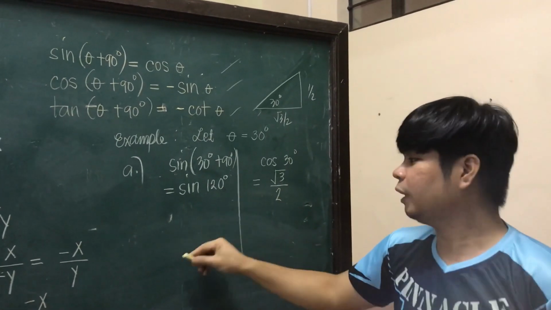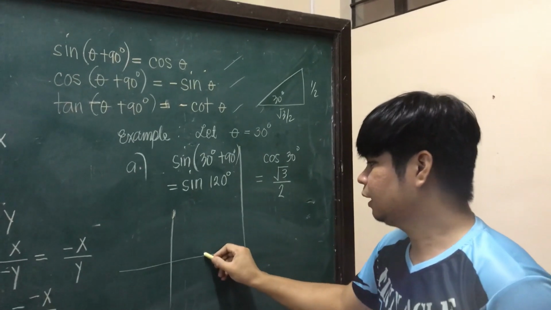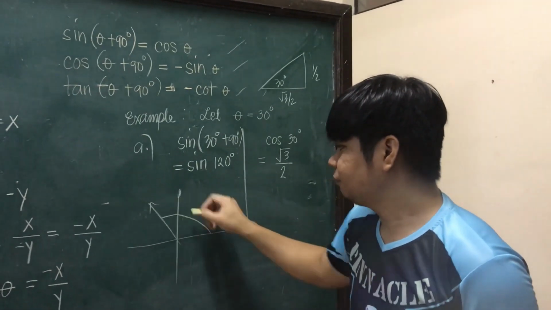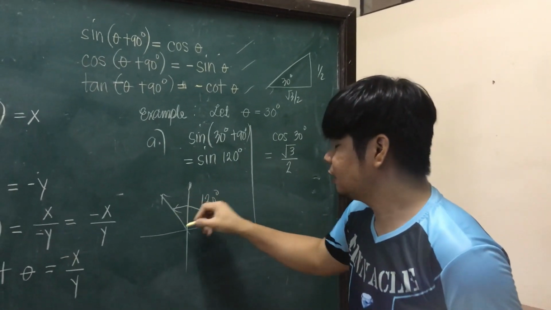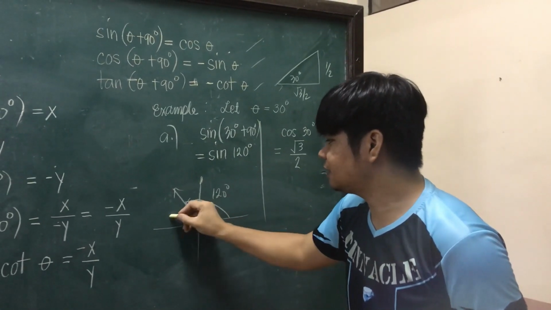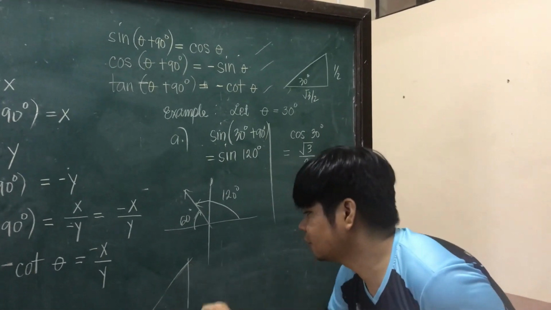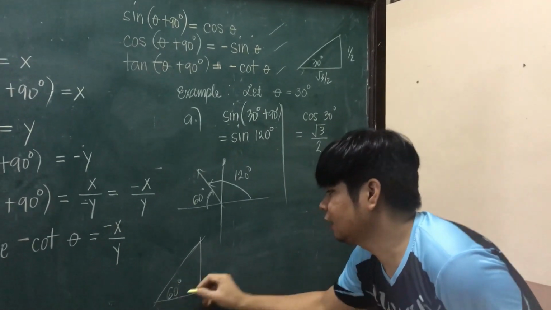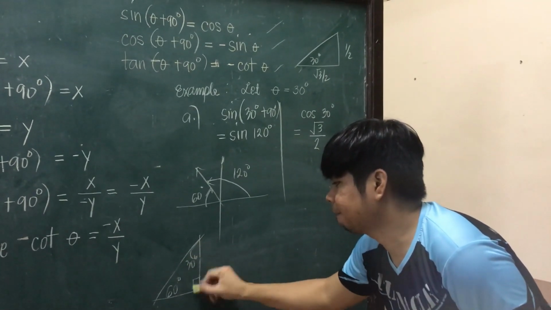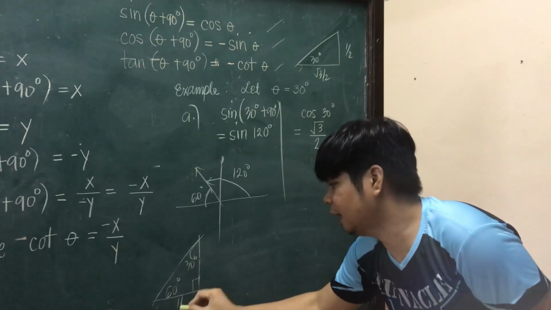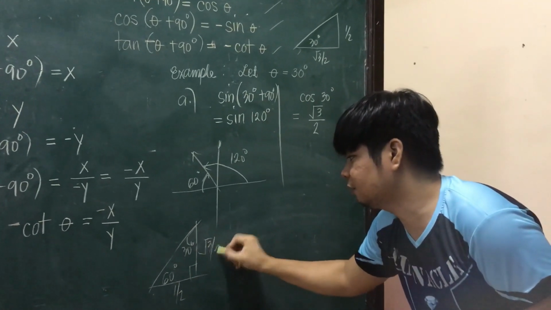However, for 120 degrees, if we try to draw that, 90 plus 30, this one is 120 degrees. The reference angle of this is 60 degrees. If you have 60 degrees here and this is 30 degrees, the side opposite 30 degrees is 1/2, and this is the square root of 3 over 2.